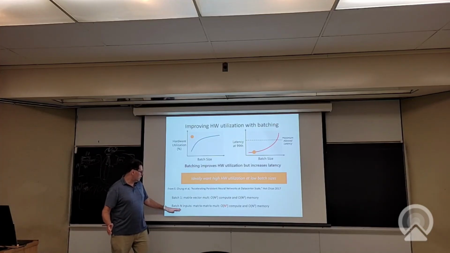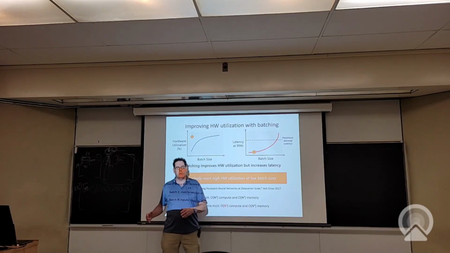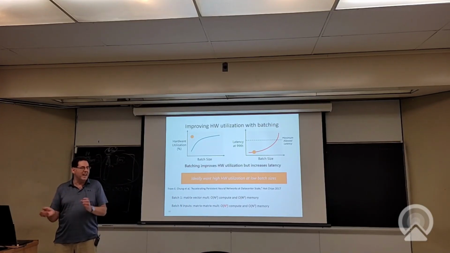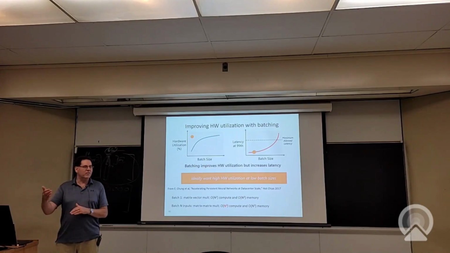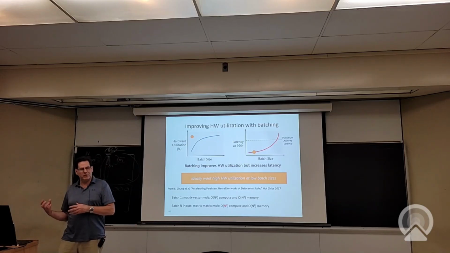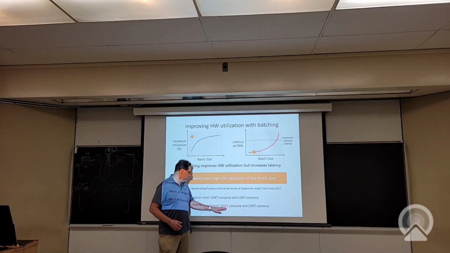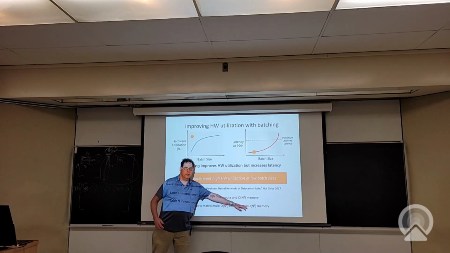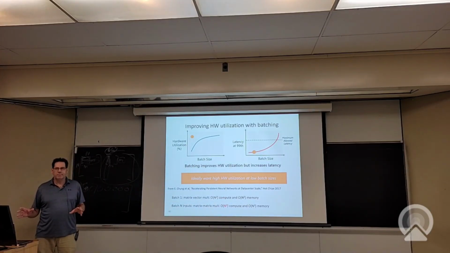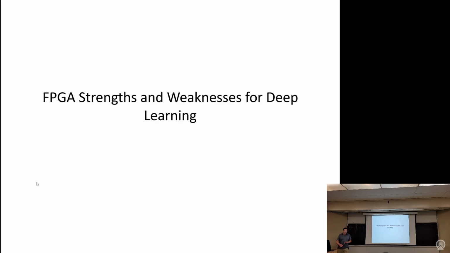I basically could do order n cubed compute now with order n squared memory, because I just bring the weights of a matrix in. I use it to process all 8,000 users through the next step, and then I go on to the next step. Bring another weight matrix in, multiply all 8,000 users, etc. So you can see that my compute went up much faster than my memory if I batched. Does that make sense? Okay.